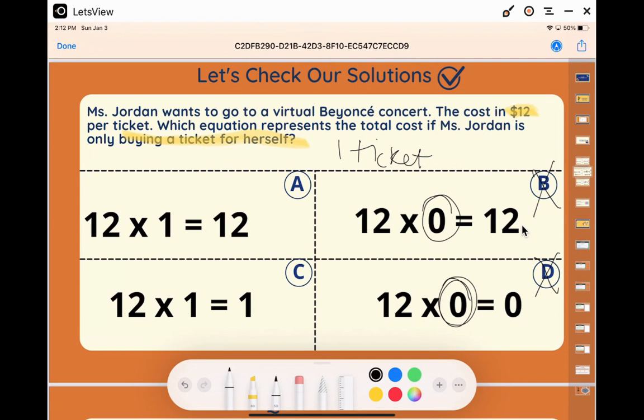The identity property of 1 tells us that any number that we multiply times 1 is itself. So 12 times 1 equals 12. The correct answer for our warm-up is A.